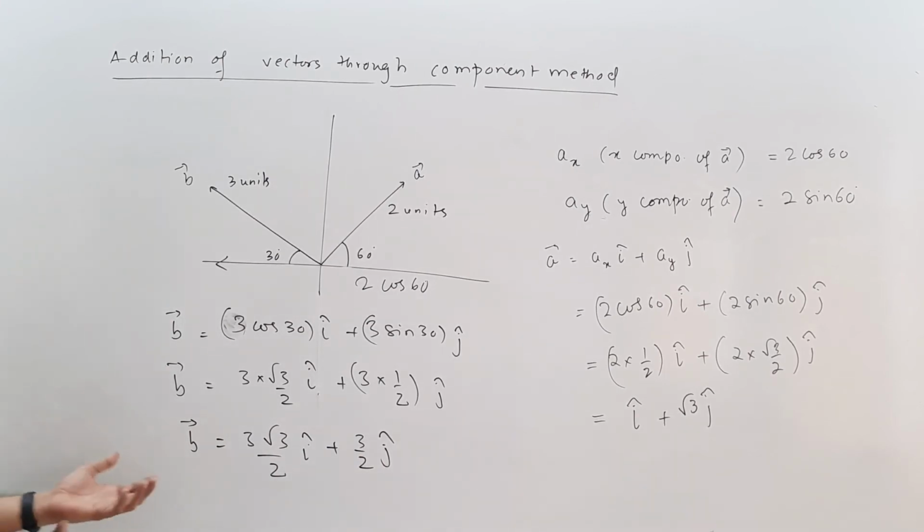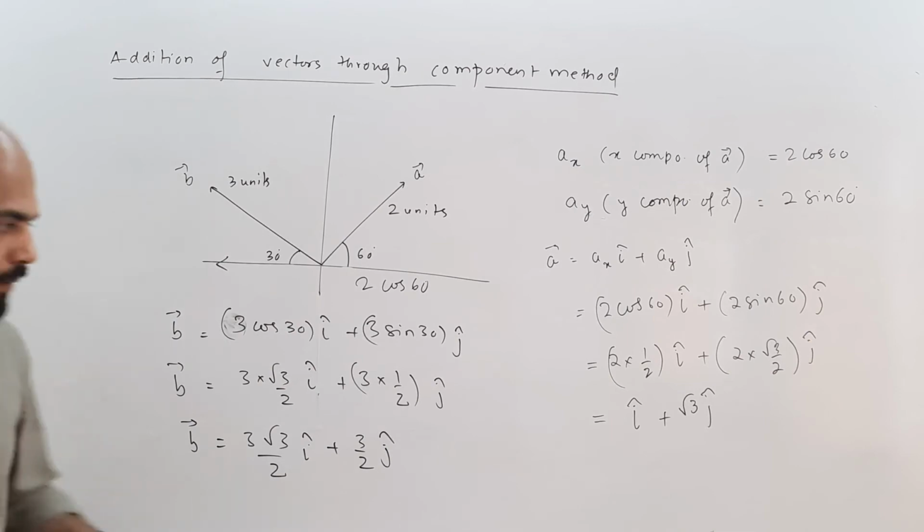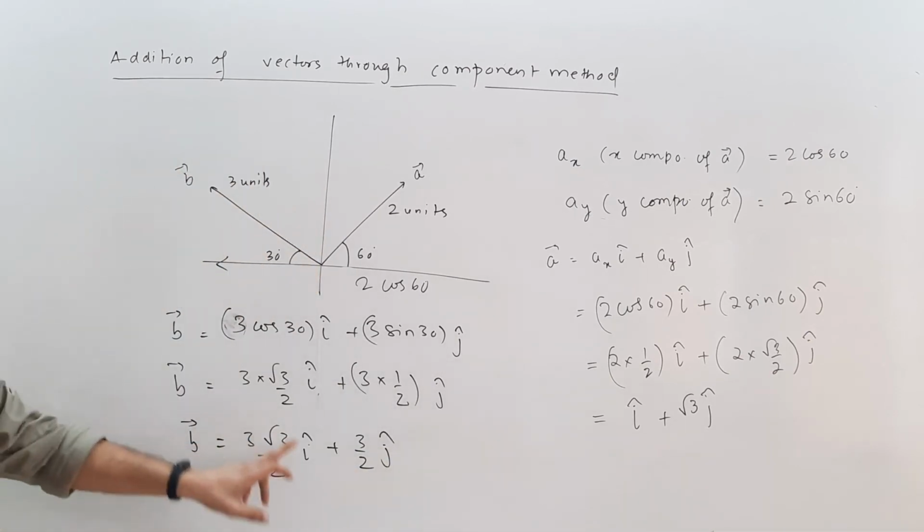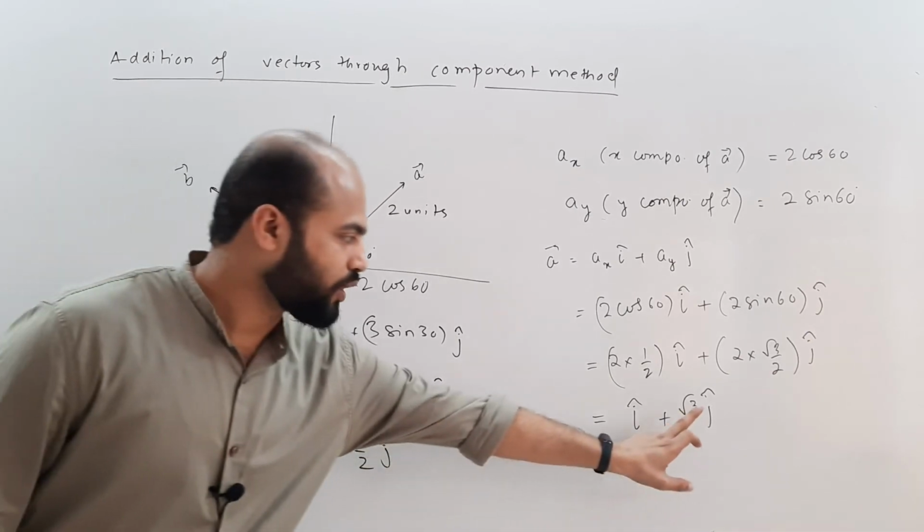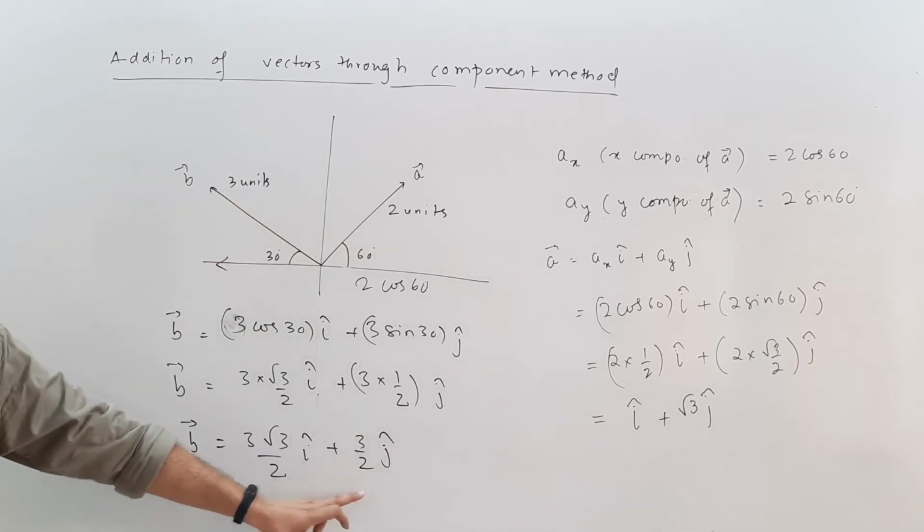So I have now defined a bar and b bar, and we can directly add them and get the resultant vector. So a bar plus b bar is going to be i cap plus this i cap and this j cap plus this j cap.